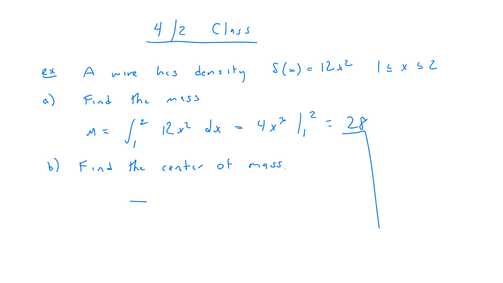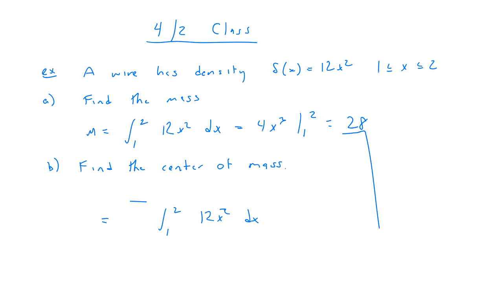Again, something that was on the test yesterday. Let's now find the center of mass. And we're going to start with something similar, but I'll leave a space. So there's the equation for the mass. What else do I put in to get the center of mass?